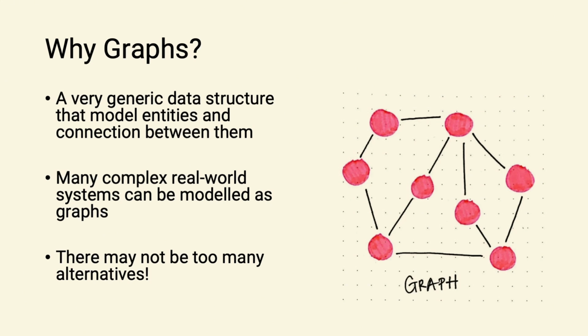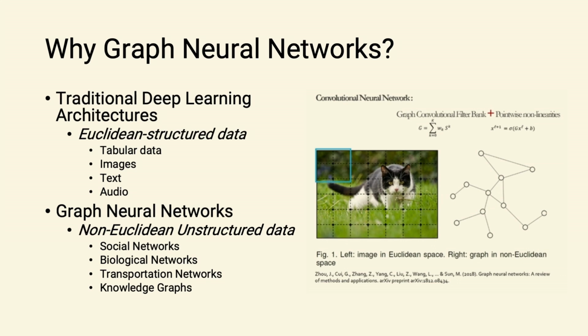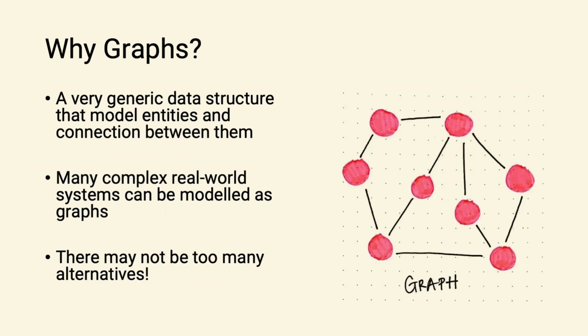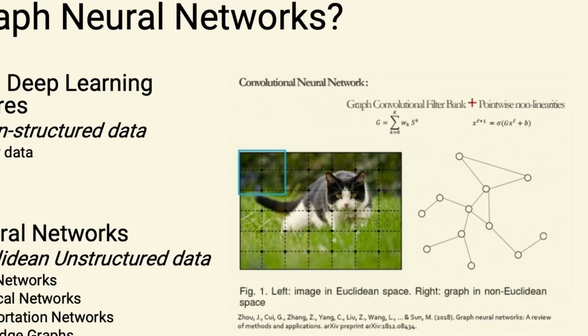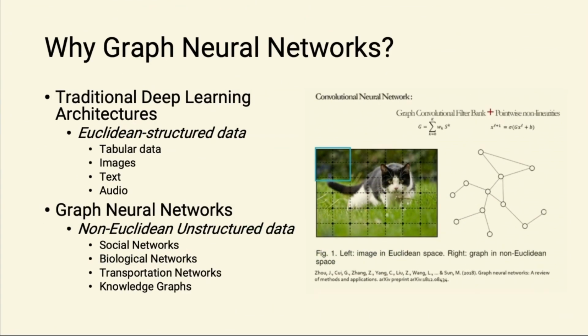And so briefly, from there, I would want to touch on why graph neural networks. If you look at applying, let's say, machine learning or deep learning techniques on graphs, then there's a little bit of a challenge that one would face in the beginning, and that is traditional deep learning architectures are all good for Euclidean structured data.